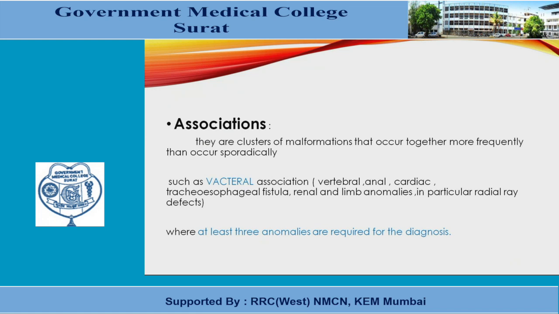For example, there is VACTERL association. In VACTERL association, there is a chance of development of vertebral anomaly, anal atresia, cardiac anomaly (CHD), tracheoesophageal fistula or esophageal atresia, renal anomaly or limb anomaly. For labeling a child with an association, at least 3 malformations are required for the diagnosis.